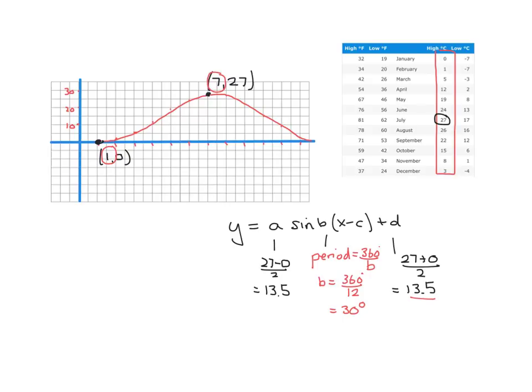We find 13.5 on the graph. Again, we're going to have some inaccuracy here. So 13.5 is about here, and that splits the graph in half. The axis of rotation. And we know that C is going to be this distance here.